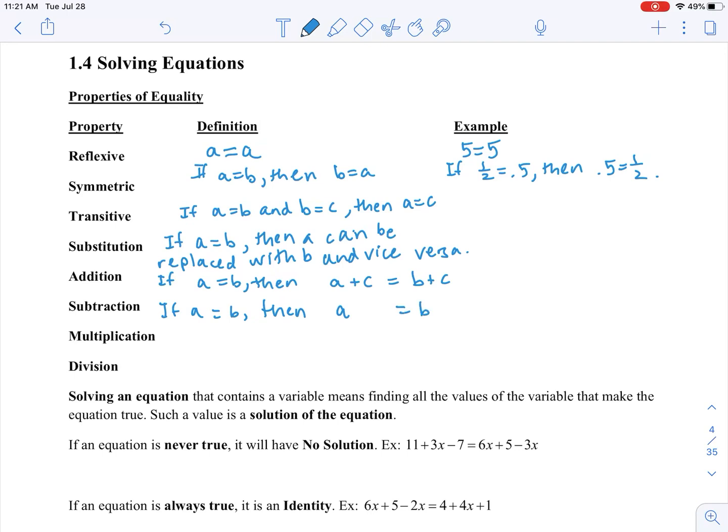If I have A equals B, I can subtract C on both sides. And then multiplication and division, if A equals B, then I can multiply the same quantity on both sides and still have an equation that's true. And finally, with division, if you're initially given A equals B, then your conclusion is that if you divide by number C on both sides, that equation is also true.